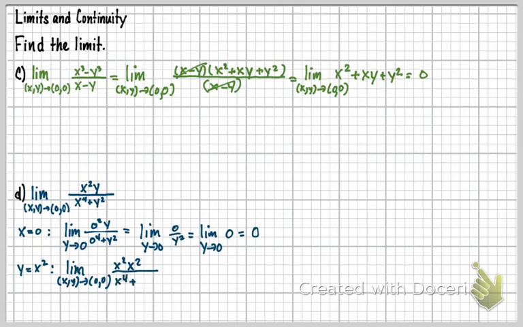And then now my y is going to be x squared squared. So now when I clean this up a little bit algebraically here, this is going to be the limit of x comma y as it approaches 0, 0. This is going to be x to the 4th on top over x to the 4th plus x to the 4th.